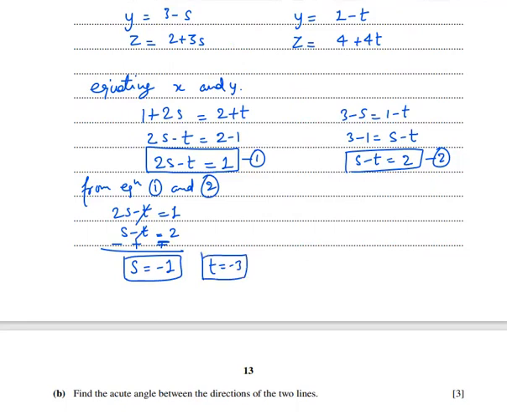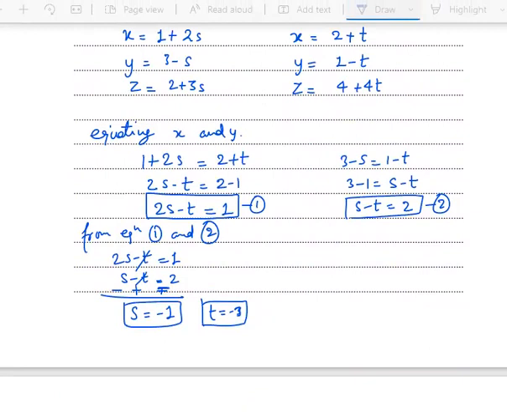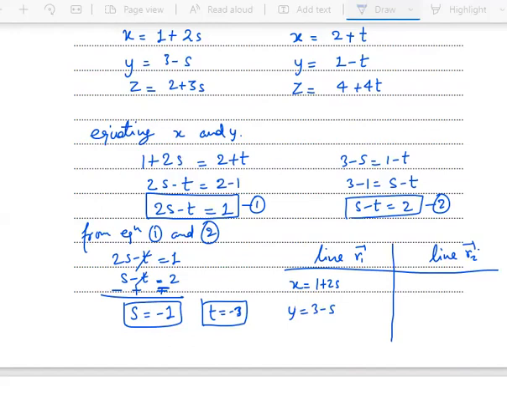Now we have to plug in the values of s and t in these equations, right? For line 1 we have R1, and this is for line 2, R2. The parametric form which we have written: x is equals to 1 plus 2s, y is equals to 3 minus s, and z is equals to 2 plus 3s.